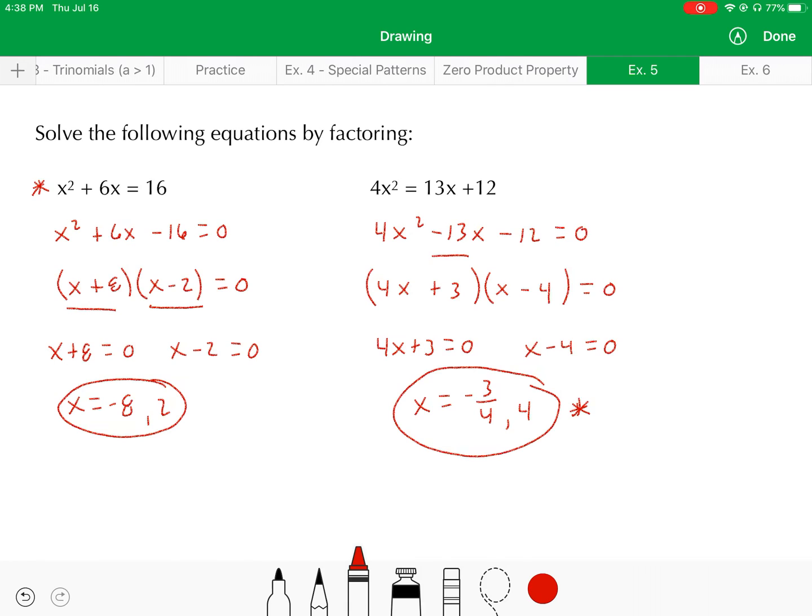To build the quadratic equation in standard form that they match, I'm going to put them into their related factors, which would be, again, 4x plus 3 and x minus 4, and then I multiply those out to get my standard form.